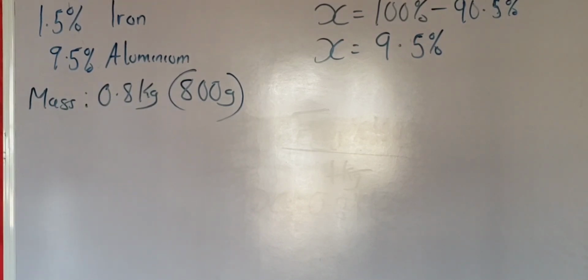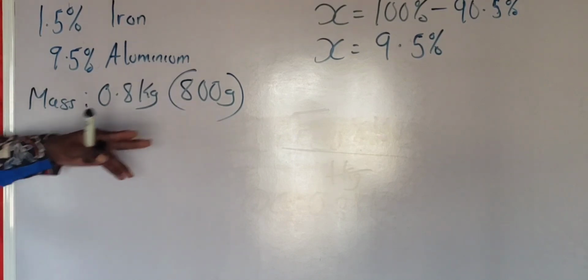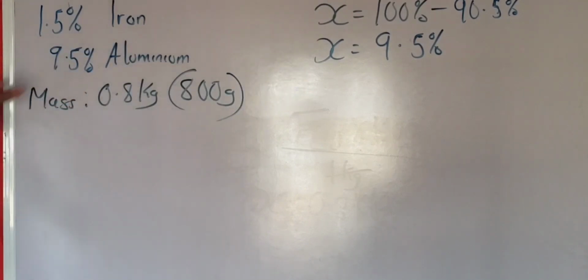We are asked to find the amount of aluminium in grams in 0.8 kilogram of mass of the alloy. We know the percentage of aluminium in the components of the alloy is 9.5%. So we can easily determine the mass of aluminium in gram.